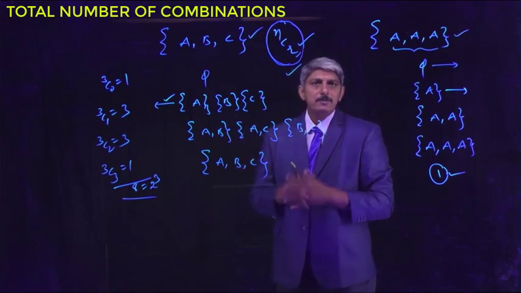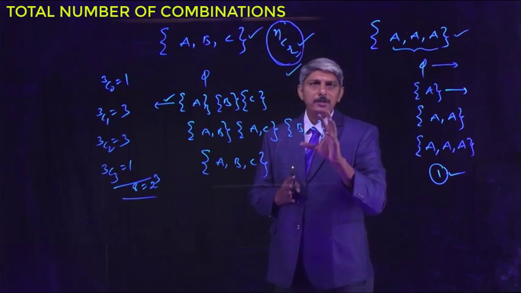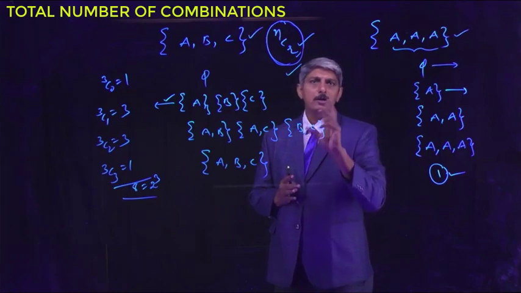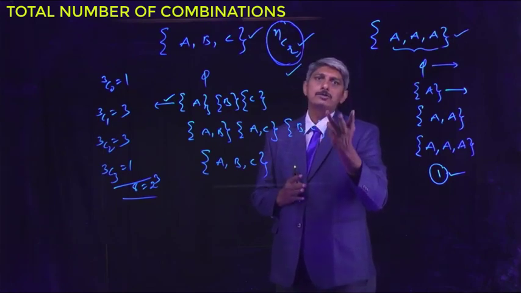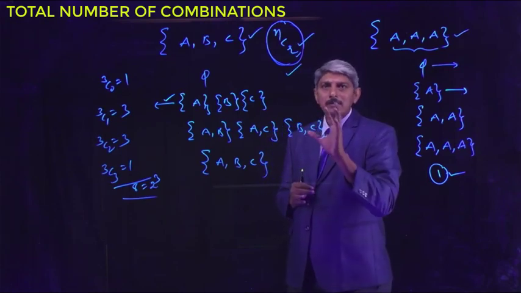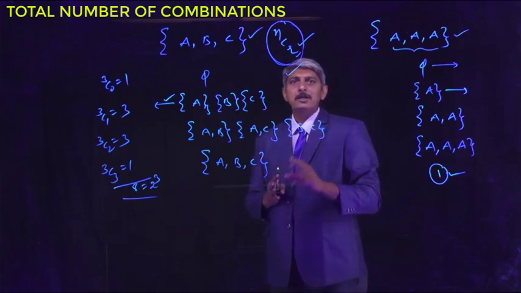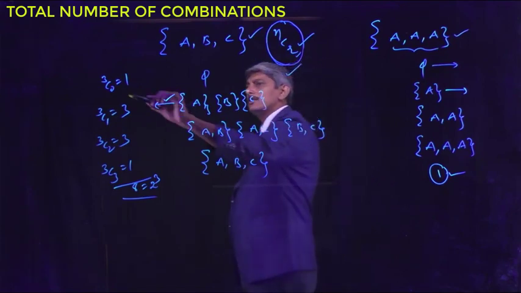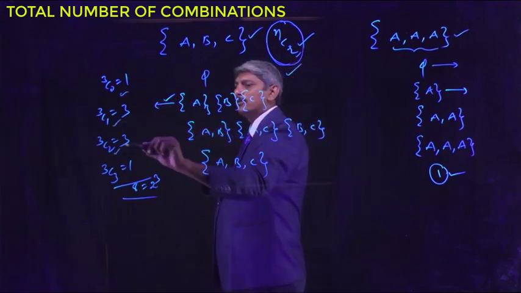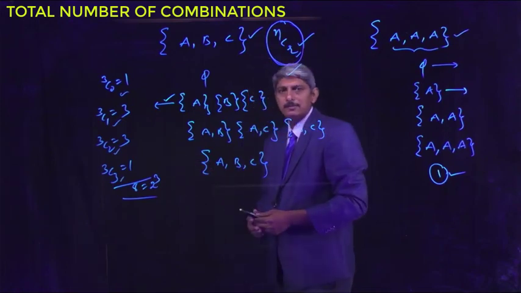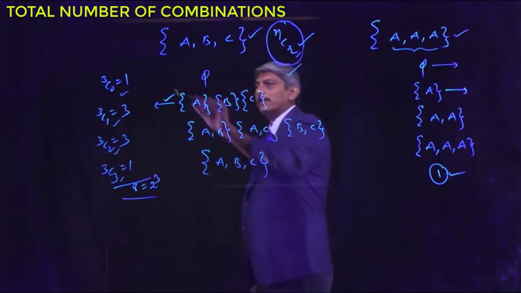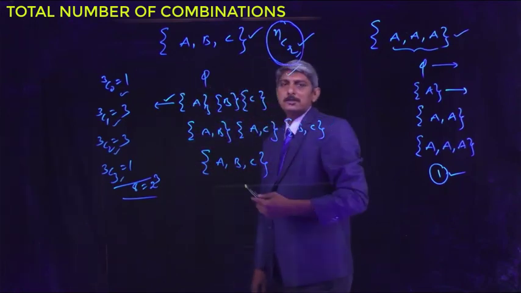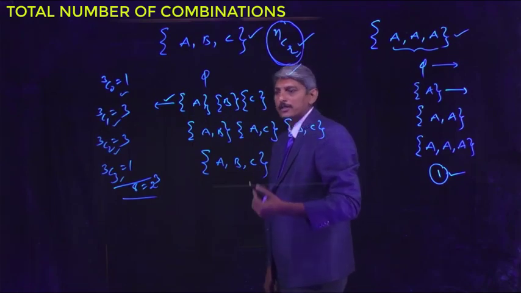Any number means it is not mentioned, so 0 or 1 or 2 or 3 and so on up to n objects, not mentioned as particular. Here any number of objects means whether 0 objects or 1 object or 2 objects or 3 objects. So we consider all these cases.